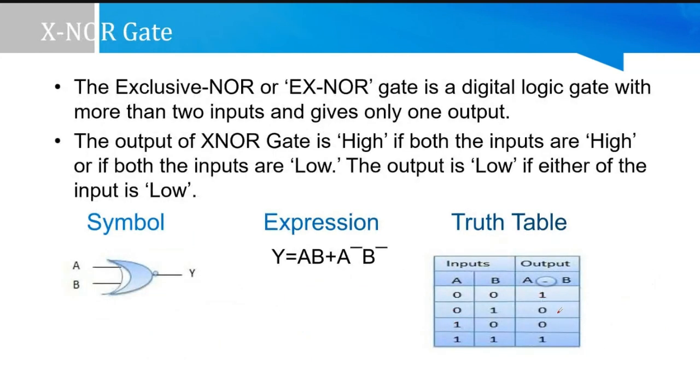Okay. Next will be the XNOR gate. So the XNOR gate is an exclusive NOR gate. It needs two inputs and it will provide only one output. It is nothing but the inverted XOR operation. So here the symbol is this symbol.